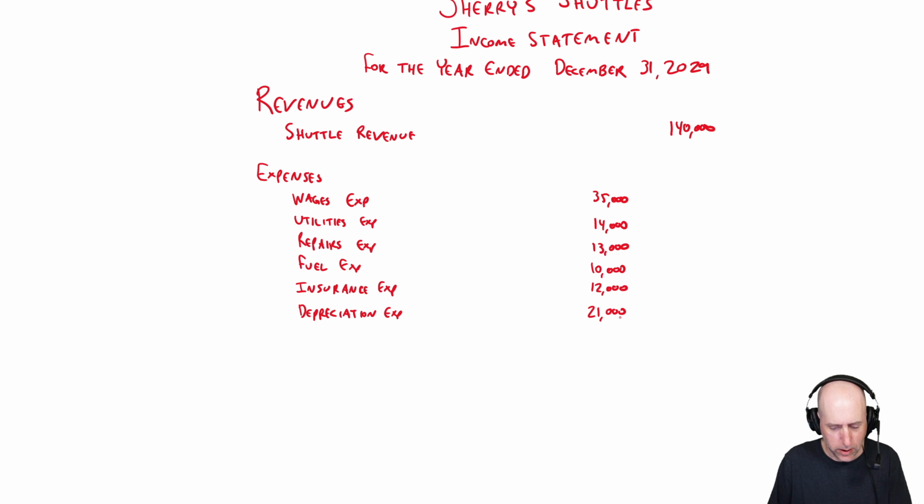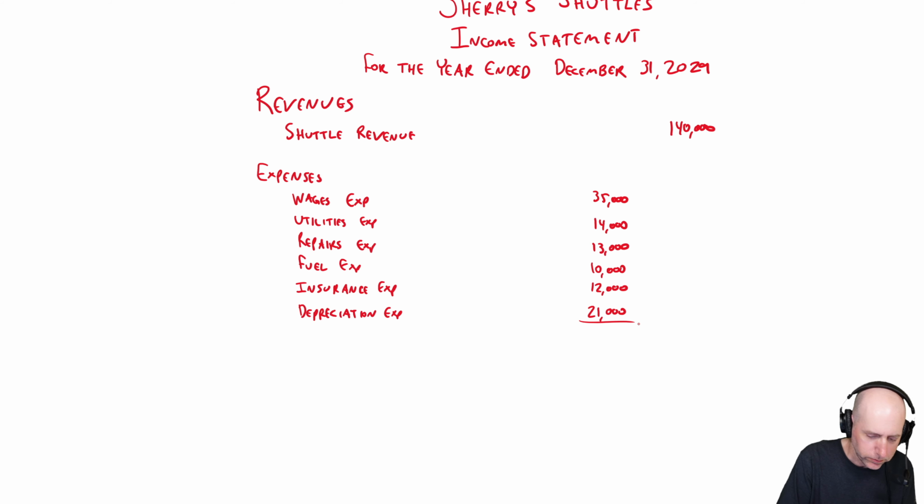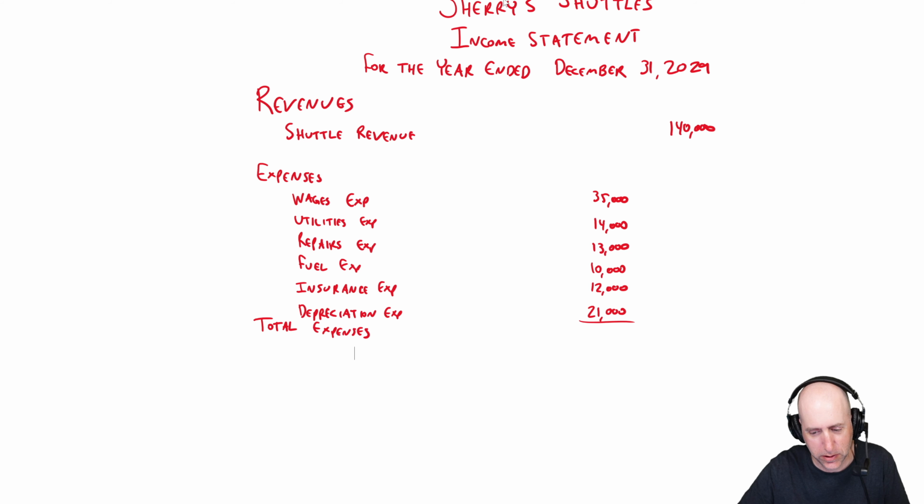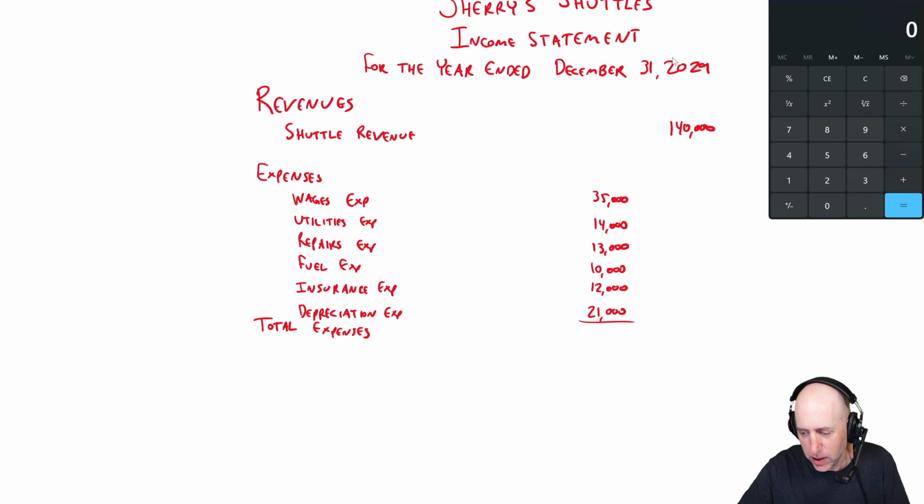Okay, so there is all of my expenses. I'm going to want to total my expenses. How do I total them? I add them up. There's no trick here.